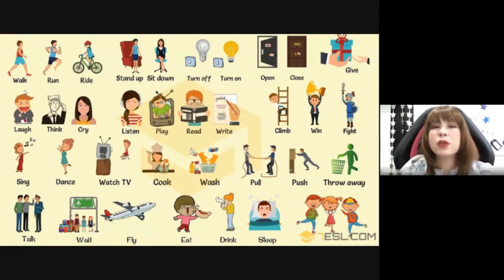Each of these words represents an action, and the action is illustrated by an image. This image lets you know the meaning of the word, in that case, the action, the verb.